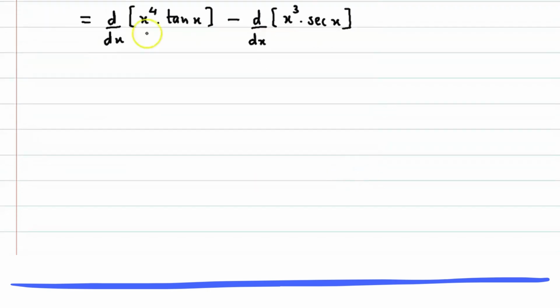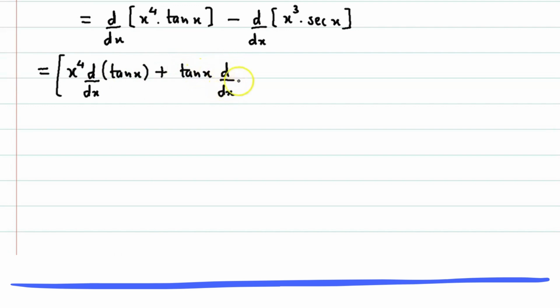And now if we observe, we have to apply the product rule on this term as well as this term. So we have to apply the product rule twice. So applying the product rule on the first term over here, we have x raised to 4 into derivative of tan x plus tan x into derivative of x raised to 4, minus, now here again we apply the product rule.